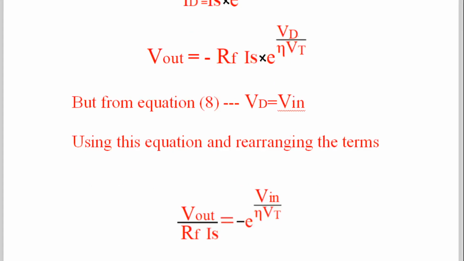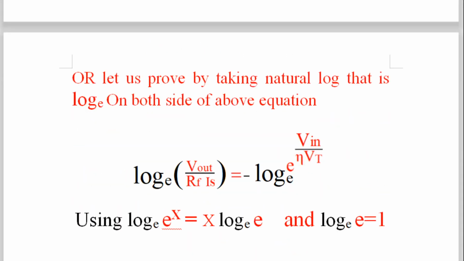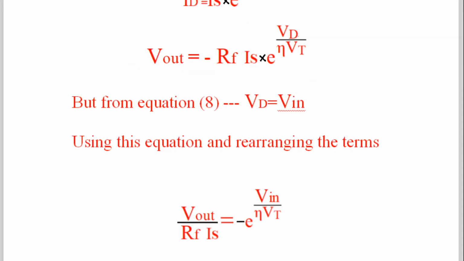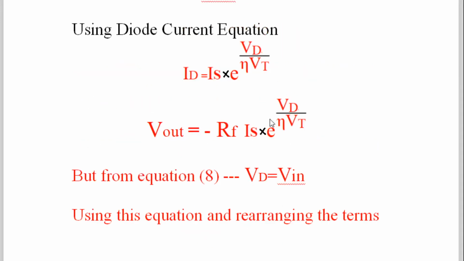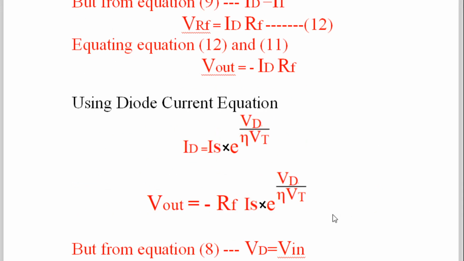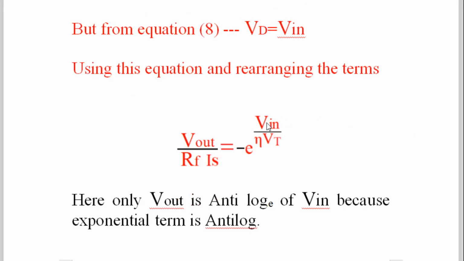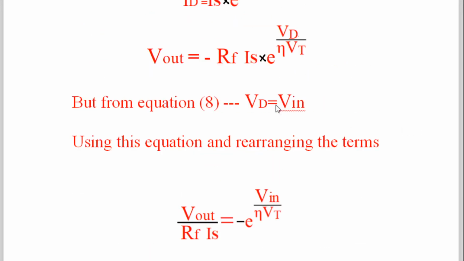Therefore, in the exponential term, we have written this equation, Vout is equal to minus RF, by substituting the value of ID in the equation Vout is equal to minus ID RF. When we wrote this equation, we observed that VD is equal to V in, and therefore we have written VD is equal to V in.